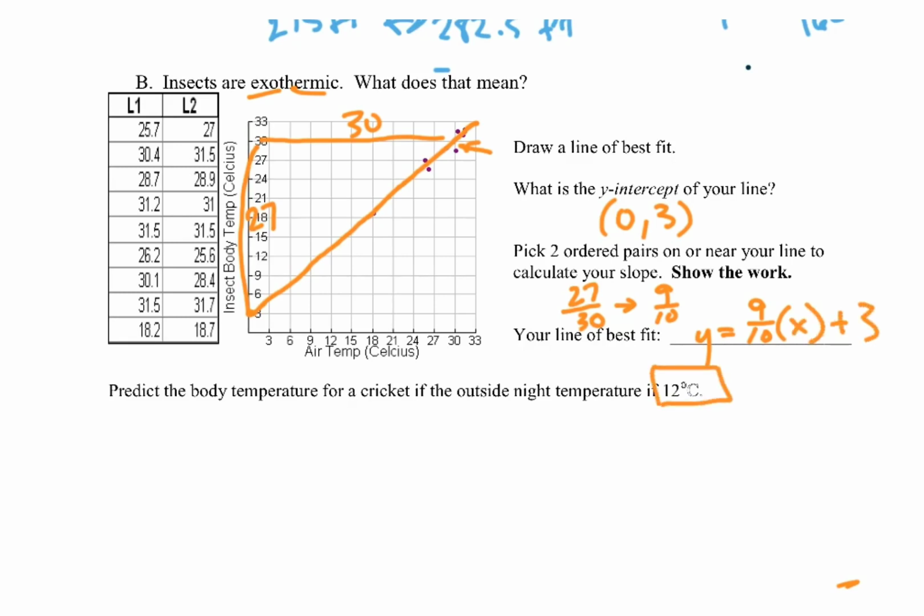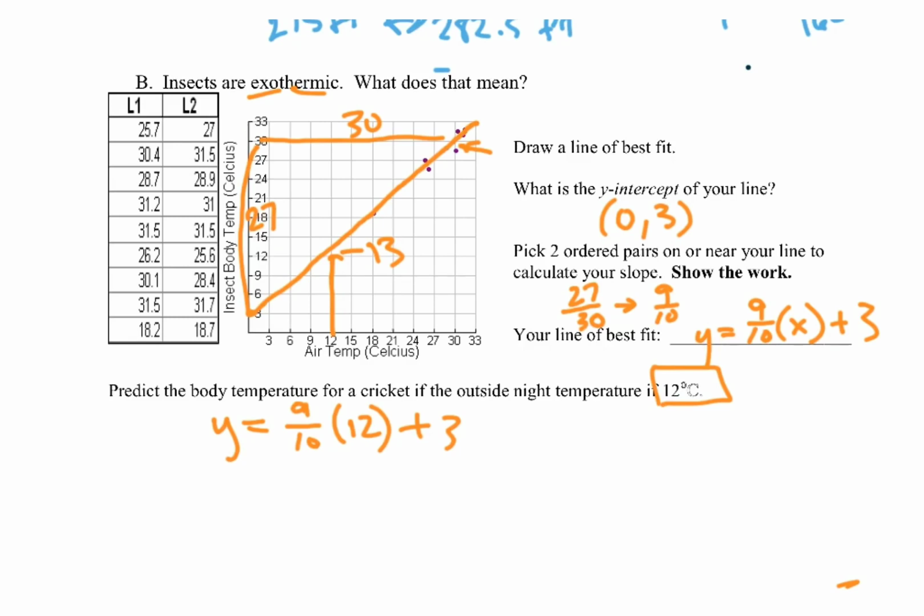So if I'm checking for at 12 degrees Celsius, I'd go y equals, now I could go up here and estimate to be about 13, or I could plug it into my equation and try to solve it that way, okay?